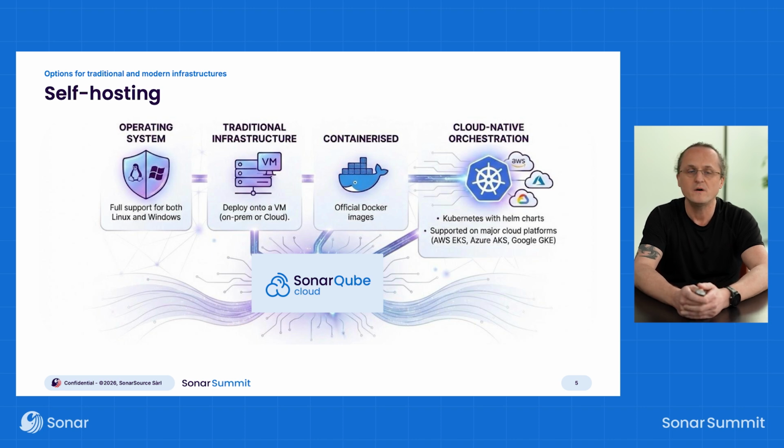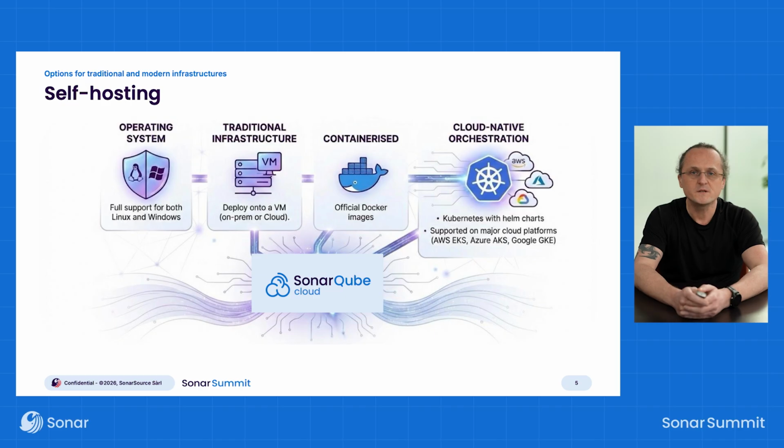It could be your VMware infrastructure, it could be in Google Cloud, it could be an AWS EC2 instance, or it could be also a self-hosted instance. You could also go for the containerized option, and the simplest one is the official Docker image that you can download from Sonar, but you might also have more of an enterprise-grade solution where your applications live in ECS, for example, or you might have a Kubernetes deployment, maybe even across multiple clouds.